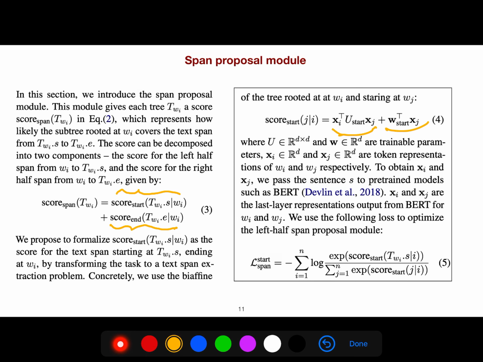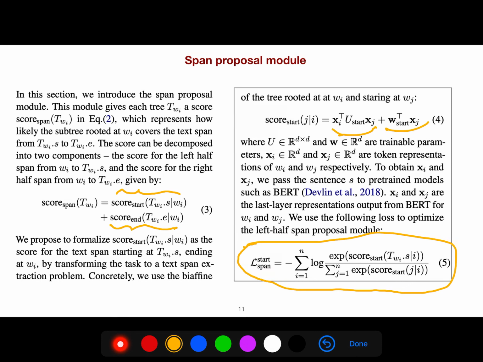After giving it to BERT and creating some good representation, we can find the loss for the left half, the span proposal module, because it starts from start until the root.